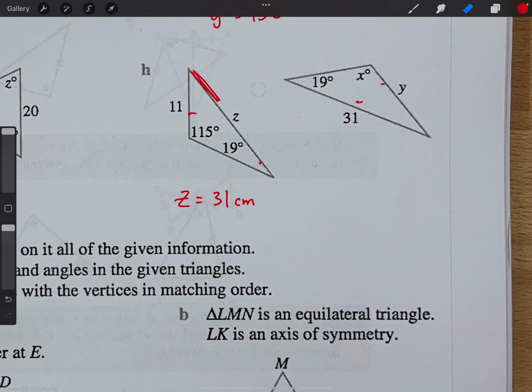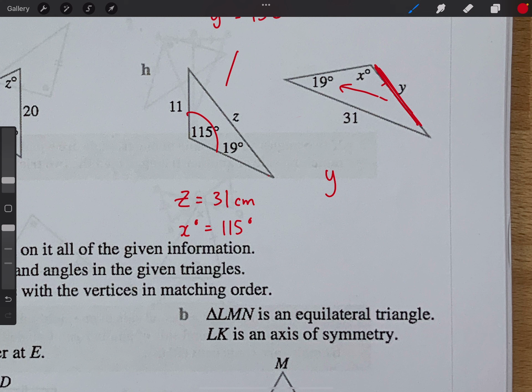Okay, next one. We need to find X degrees, which is also 115 degrees. They're both obtuse angles there. Now the length Y here is opposite this angle 19 degrees.